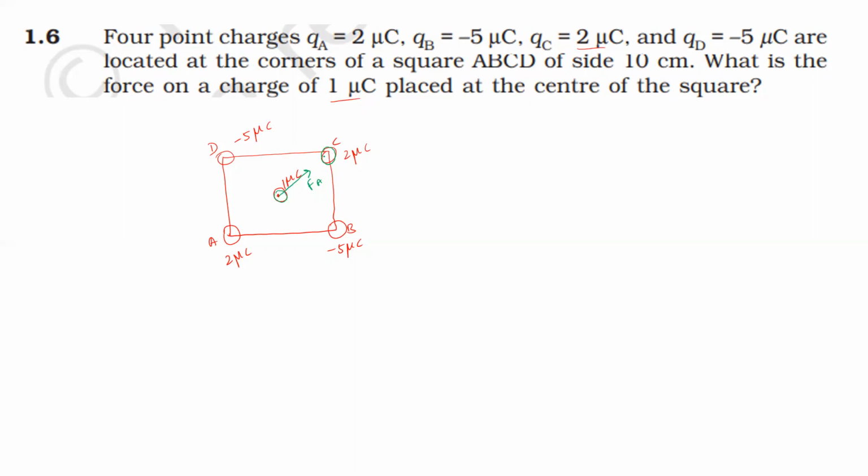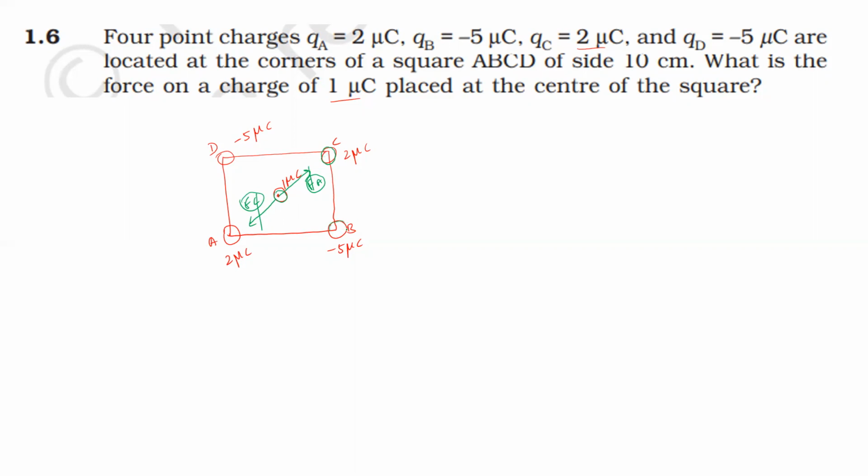That force exerted by the charge C is diagonally towards A. The force exerted by C and the force exerted by A are of equal magnitude and opposite direction, so they cancel. Next, let us take the force exerted by the charge at B.